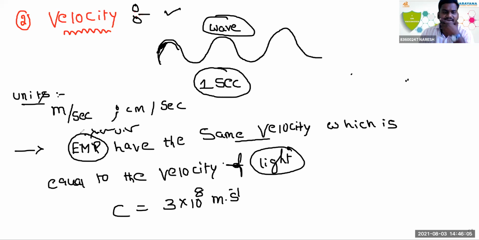Next point: all types of electromagnetic radiations, like X-ray, UV, IR, have the same velocity, which is equal to the velocity of light, with speed 3 into 10 to the power 8 meter second inverse.